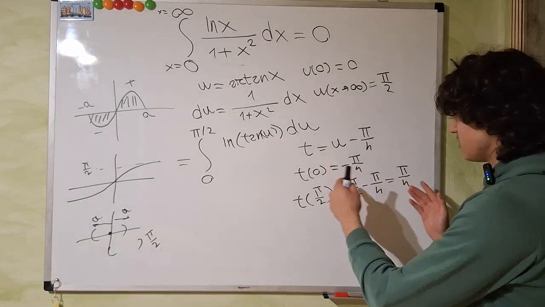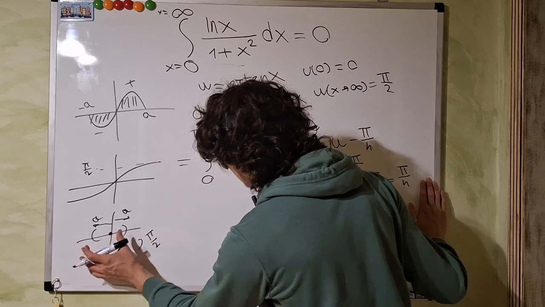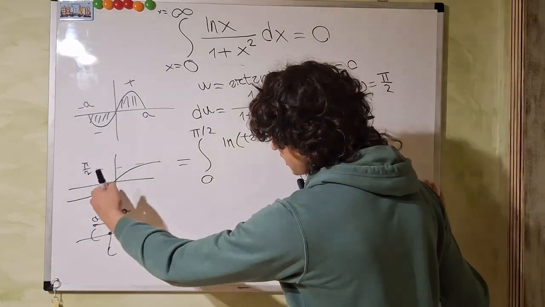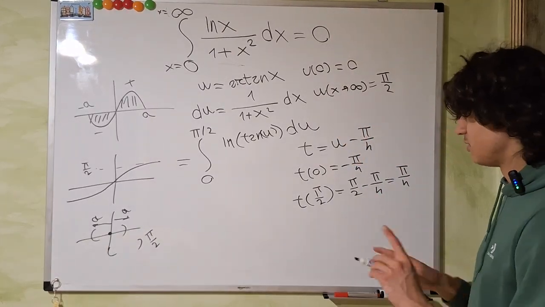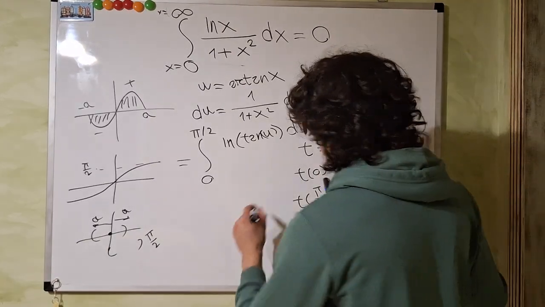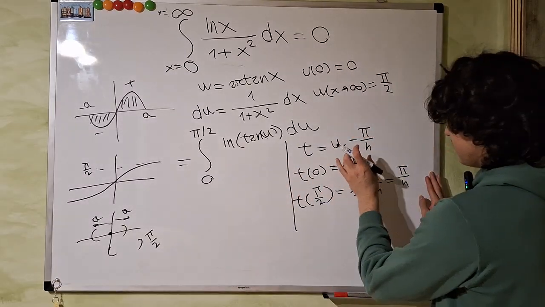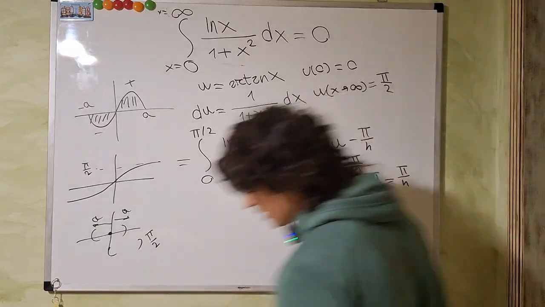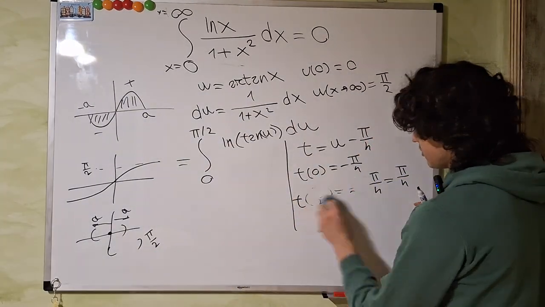See, now the integral is over a symmetric interval, symmetric with respect to the y-axis. And this is so nice. So let's rewrite this in terms of the variable u, and I need some space, so I'm going to erase this for the moment, because we've learned what the limits of integration are.